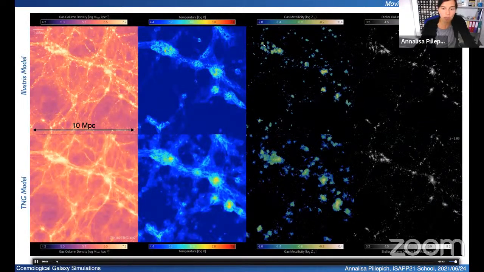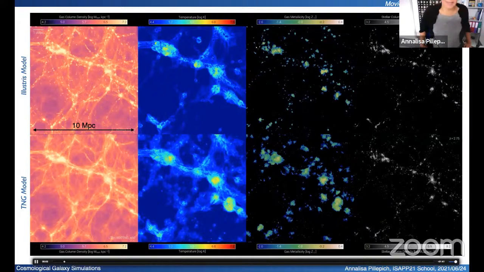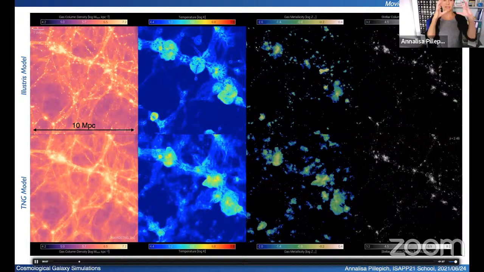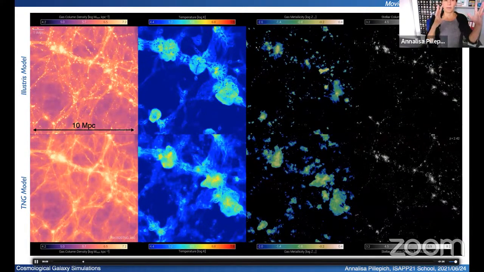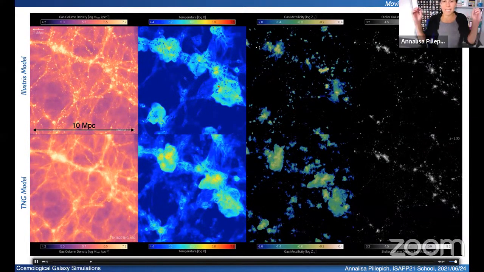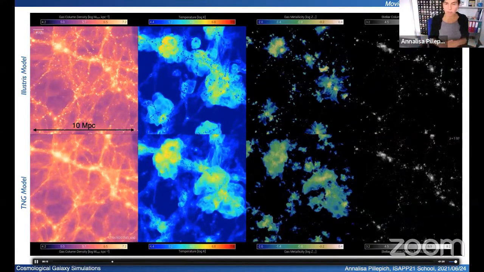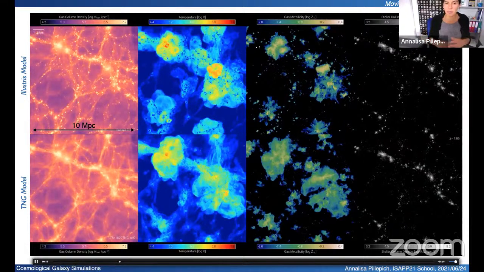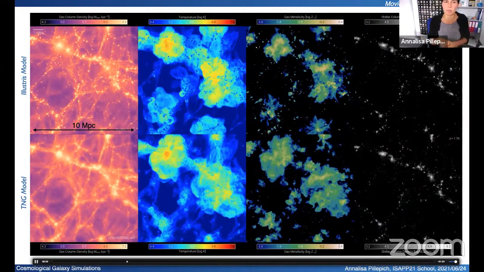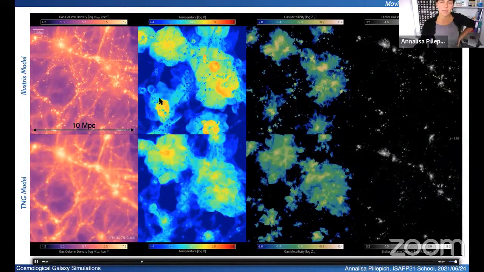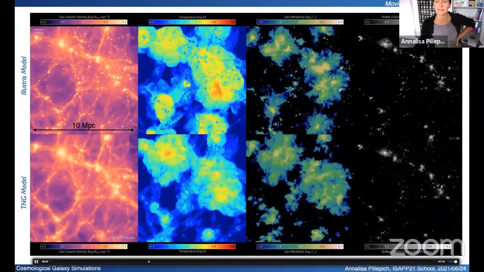These are, for example, just to give you a sense of how things could be different, a 10 megaparsec volume. On the top are the results of the so-called Illustris model, and at the bottom the so-called next generation Illustris model. The great difference between the two is the implementation of supermassive black hole feedback. On the left is gas density, then gas temperature, gas metallicity, and stellar mass.